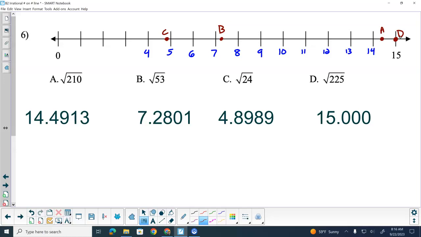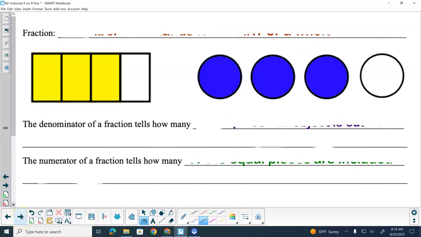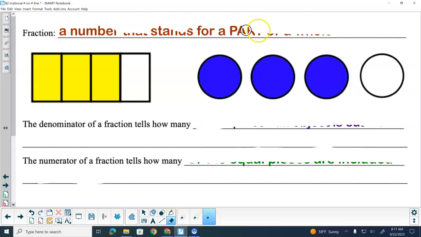Okay? Yeah. So then, backside of that note page now. Now let's talk about what a fraction truly is. A fraction is truly a number that stands for a part of a whole.